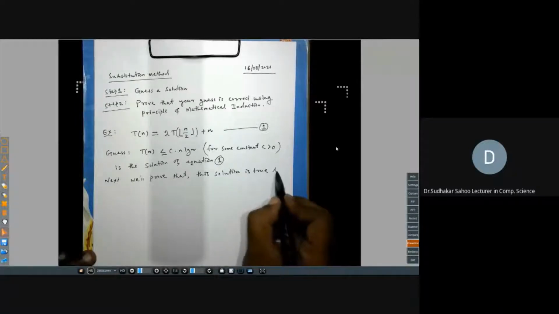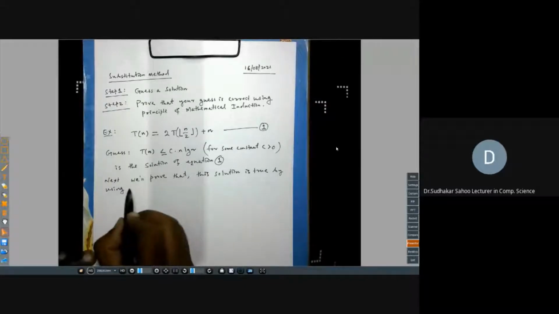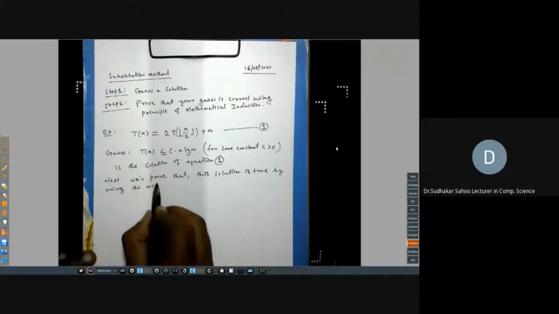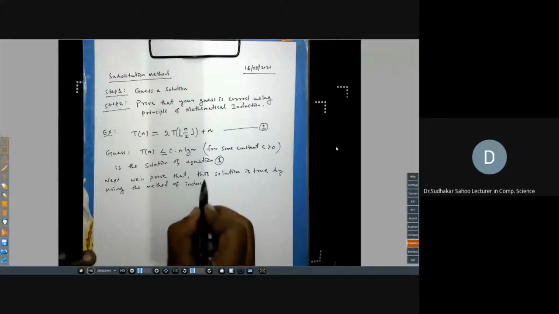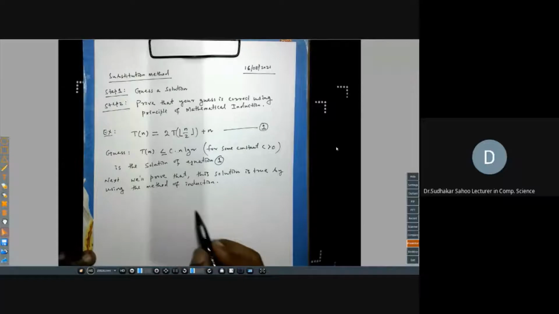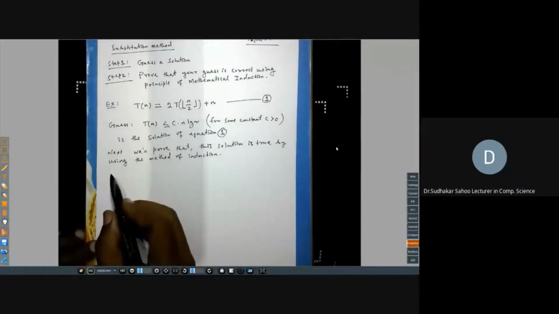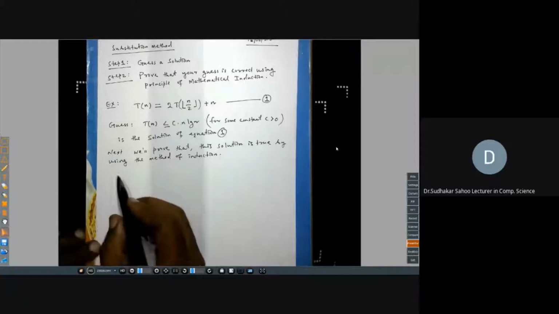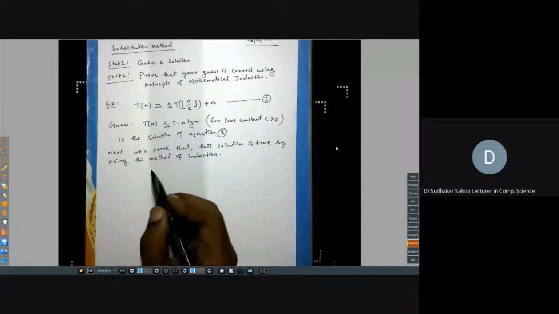Using the method of induction. So what is the method of induction?